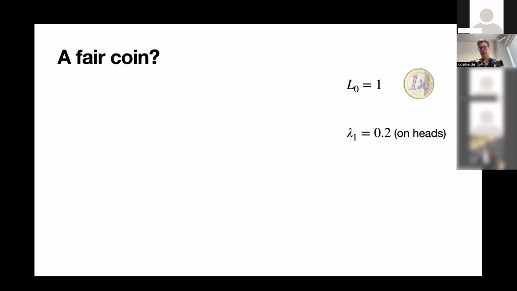So let's do this. Let's say we bet 20 cents that the next outcome will be heads. Okay, the next outcome is tails. So we give this a score of -1. If it's tails, we say -1. If it's heads, we say +1.